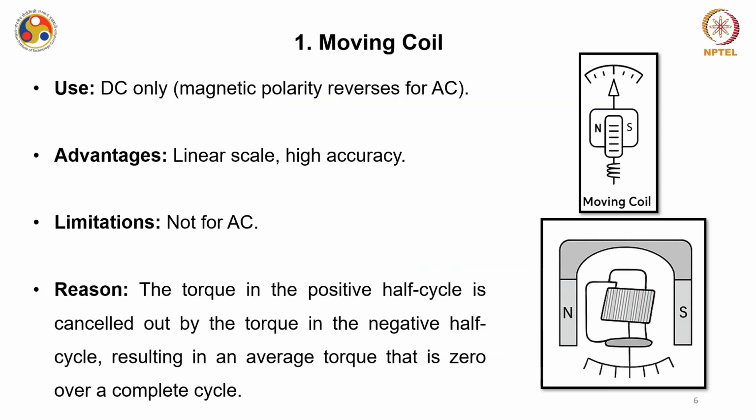These devices are mostly used for DC applications. If I am applying, say, a perfect sine wave, the torque in the positive half cycle is cancelled out by the torque in the negative half cycle, and this results in an average torque of 0 over a complete cycle.